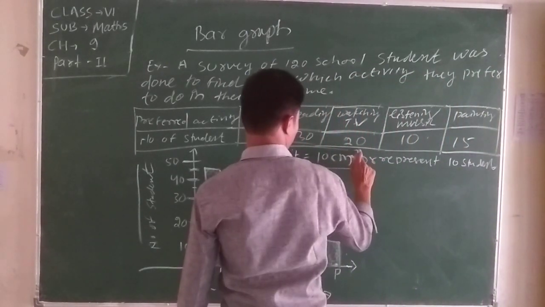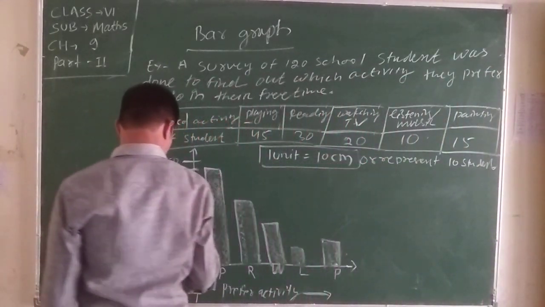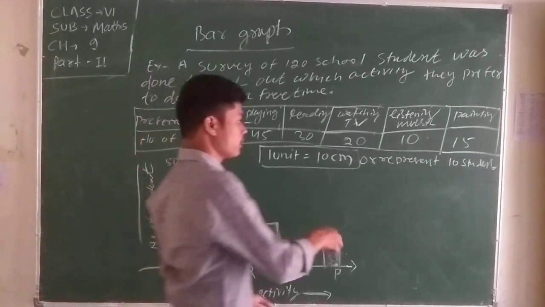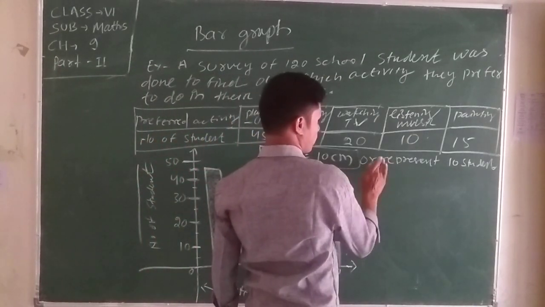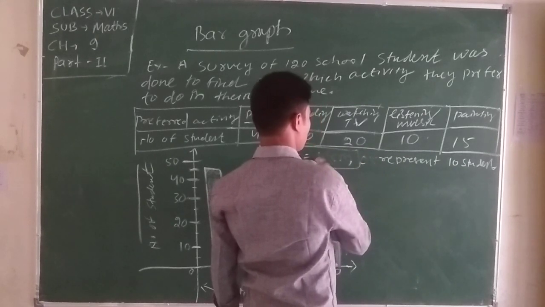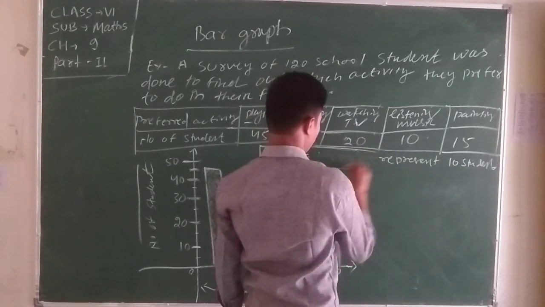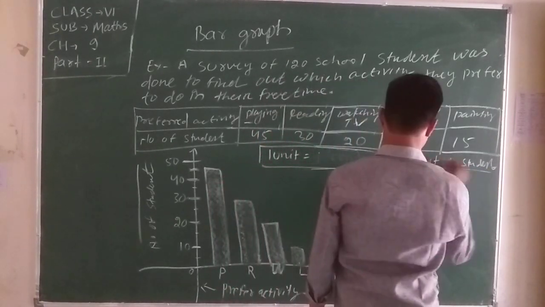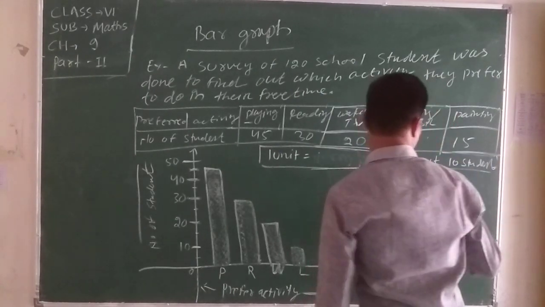So if you don't write 10 centimeters, 1 is equal to 10 students. You can also write that it represents 10 students.